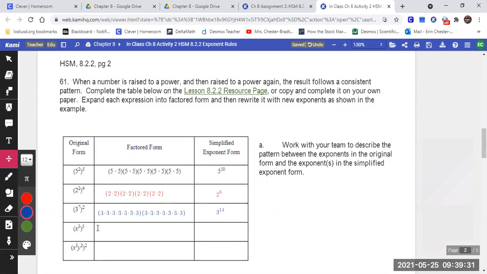Okay, so what's the next one going to say? Expand the parentheses. What's it going to say? Expand the parentheses. The inside, what's it going to say?